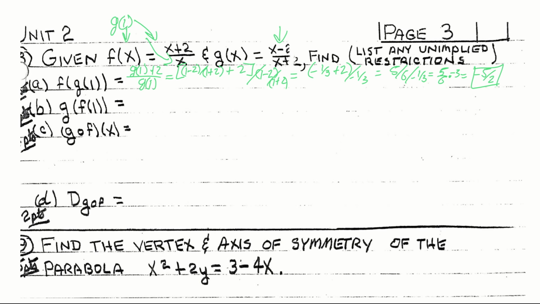And then for the next one, it's the same thing, but we flip g and f. So instead of replacing each x with g of 1 in f of x, we're doing the same thing with f of 1 for the function g of x.